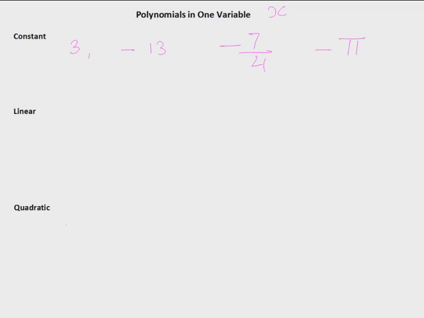What's a linear polynomial? A linear polynomial in one variable will only involve x and no greater power. So it will be something like 3x minus 4 or just 2x. These are polynomials which are linear. You cannot have higher powers of x, and since there's only one variable, there's just x. So for instance, 13 minus 7x is a linear polynomial.